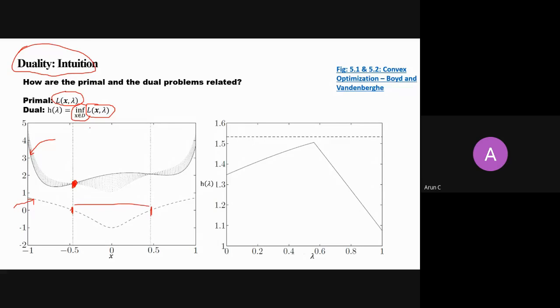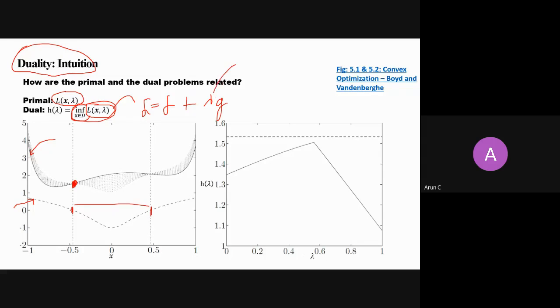If this is the case, then I will convert it into a Lagrangian. Lagrangian means I am just putting f plus lambda g. This is my function, the Lagrangian, L equals f plus lambda g. I am saying that you should see the Lagrangian like this, and you take a minimum for every lambda.